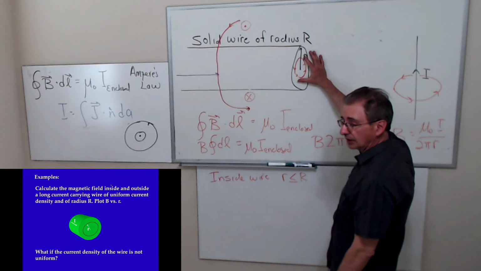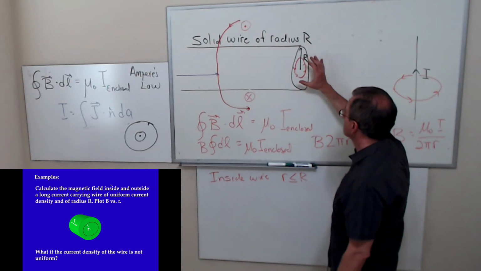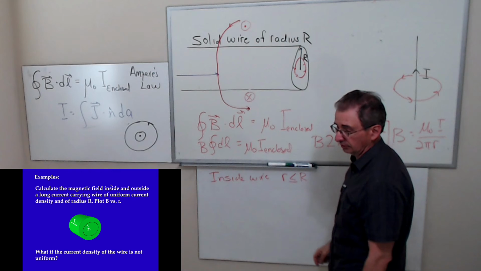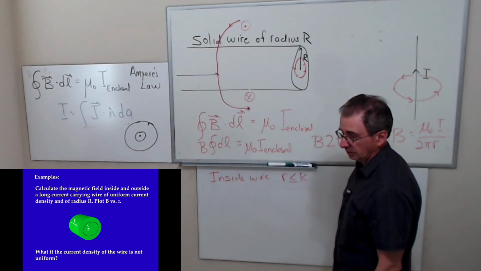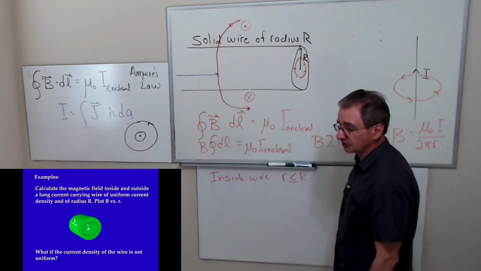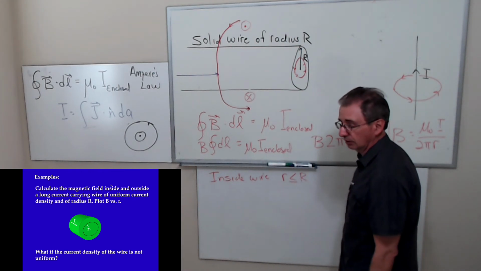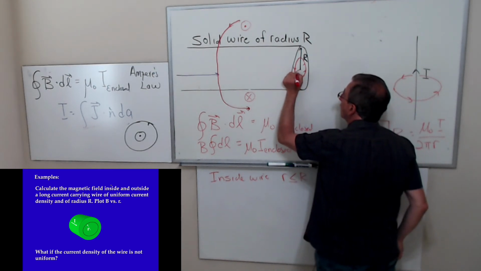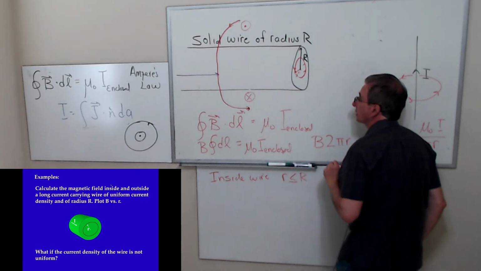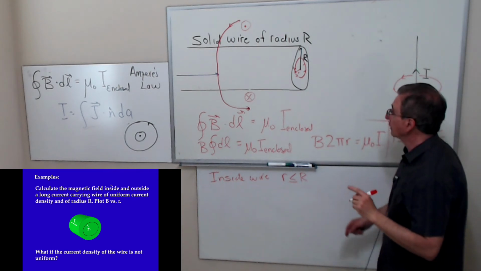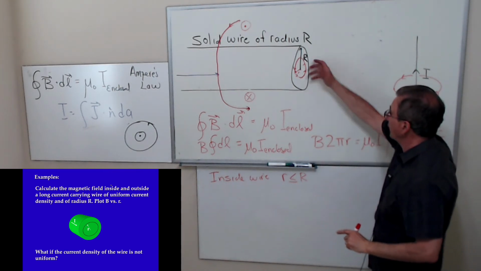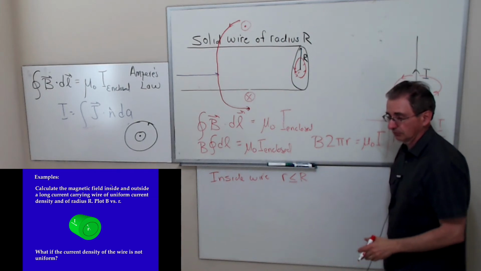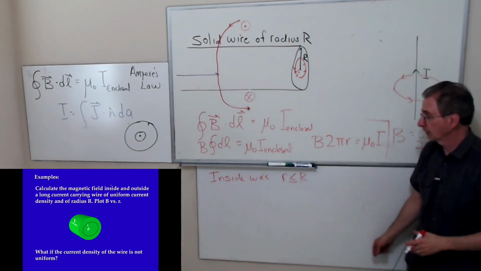Whatever current is enclosed in that loop, whatever current is penetrating the surface of that loop, is going to the right. We're still going to have the same symmetry as we had before. So for any distance, little r, from the center of the wire, the magnetic field is going to have the same value. If all I have to do is rotate the wire, it looks exactly the same. Okay?